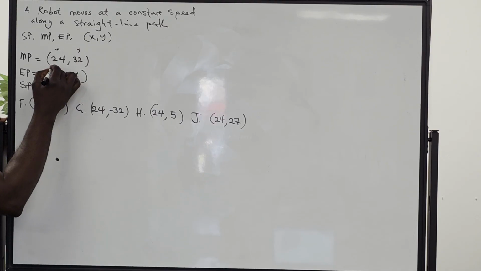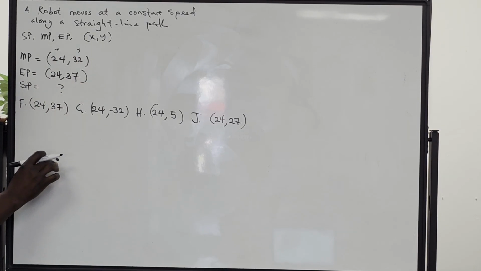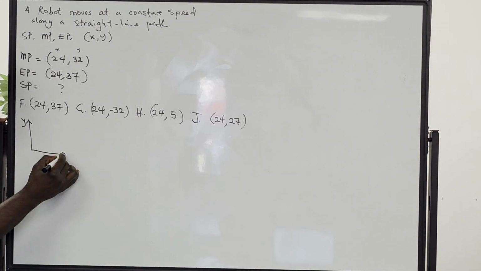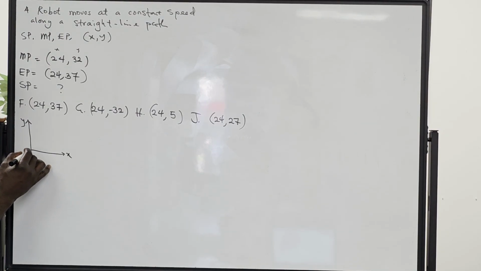This is Y. It means that the robot just went up. It did not leave its position. We're saying that this robot just did not leave its position.